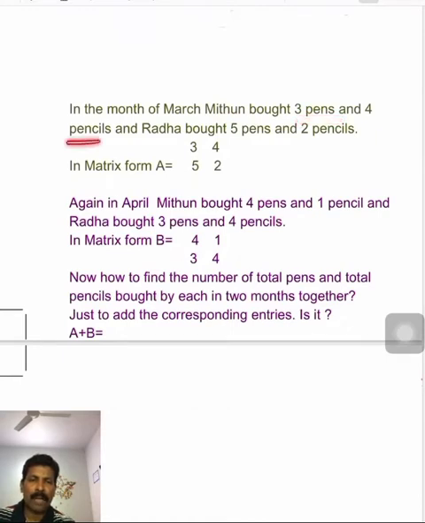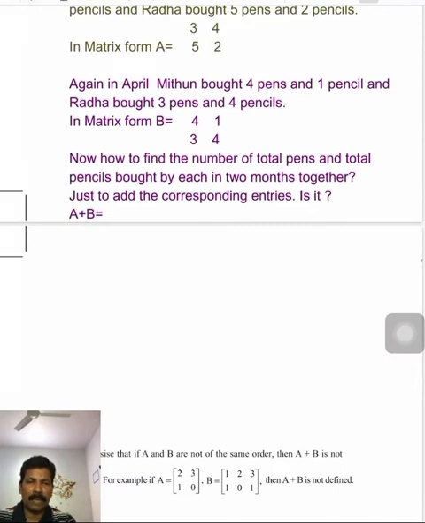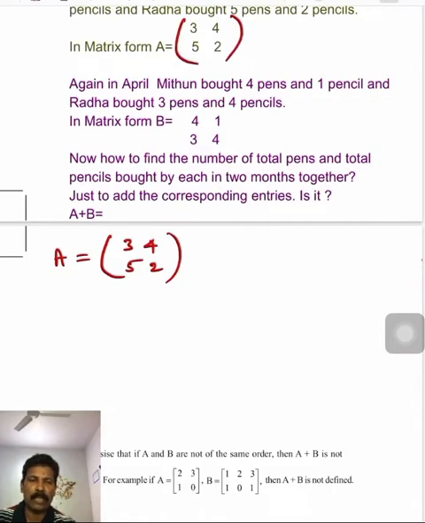In the month of March, Midun bought 3 pens and 4 pencils, and Radha bought 5 pens and 2 pencils. In matrix form, capital A is equal to 3, 4, 5, 2. Again, in the month of April, the respective numbers of pens and pencils bought are shown. Then we would like to find the total number of pens and total pencils bought by each in 2 months together.